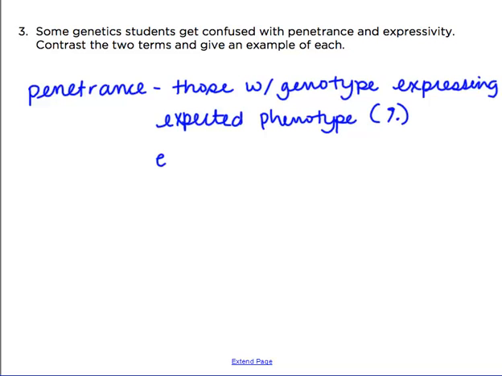Now an example of this would be, as in the previous problem, someone with the dimple dominant allele but not actually having dimples, or if someone had the dominant allele for freckles but then had clear skin.